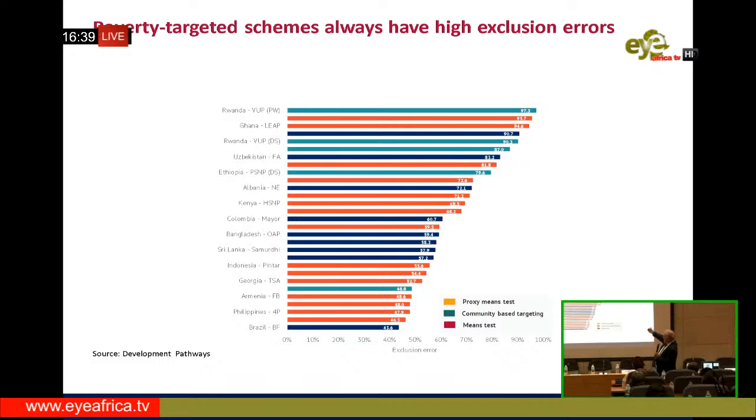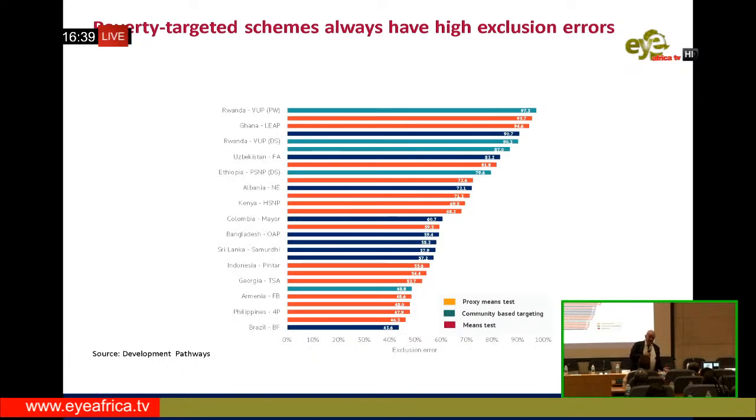Well, community-based targeting, proxy means and means tested. And the best case was Brazil, still with inclusion errors, exclusion errors. So 43% of the people in Brazil that needed the money didn't get the money. The worst case was Rwanda, where almost nobody who needs the money got the money.